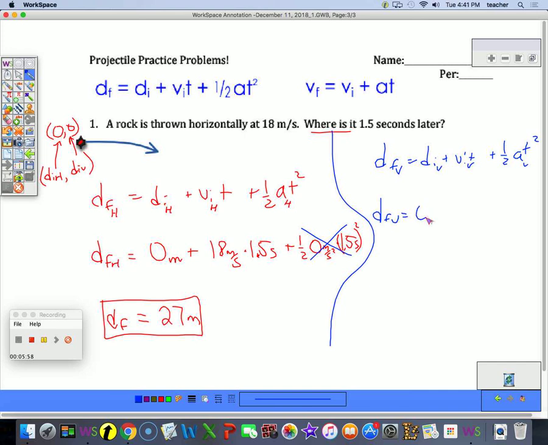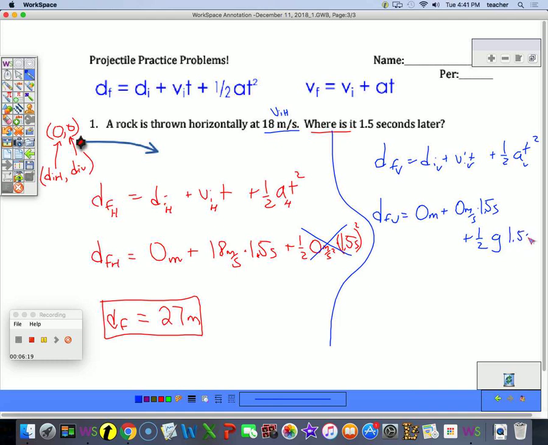So dFv, again, I'm going to use g as 10, so 1/2 of g is going to be 5. Then I'm going to grab my calculator and check 5 times 1.5 squared, and that gives me 11.25 meters.